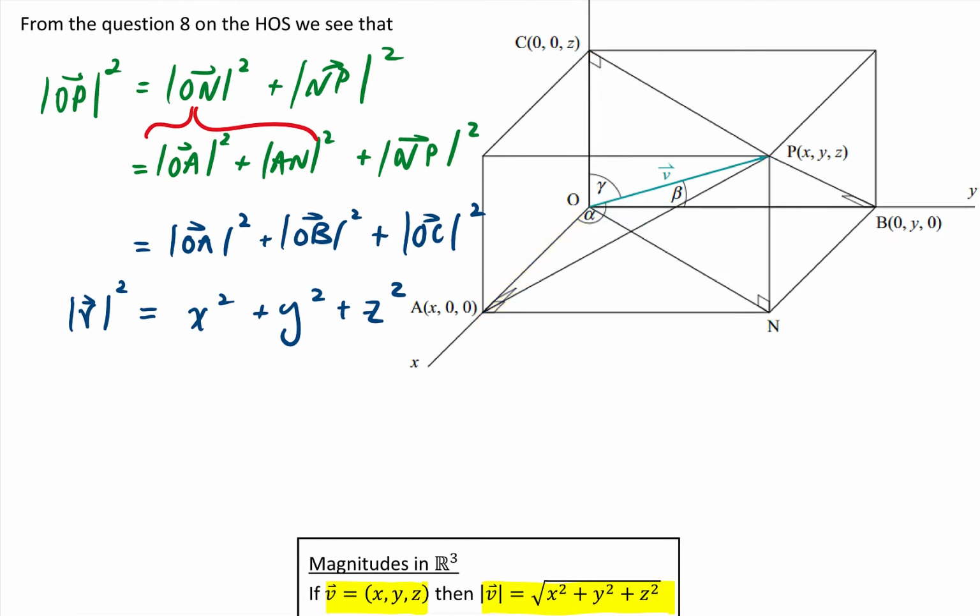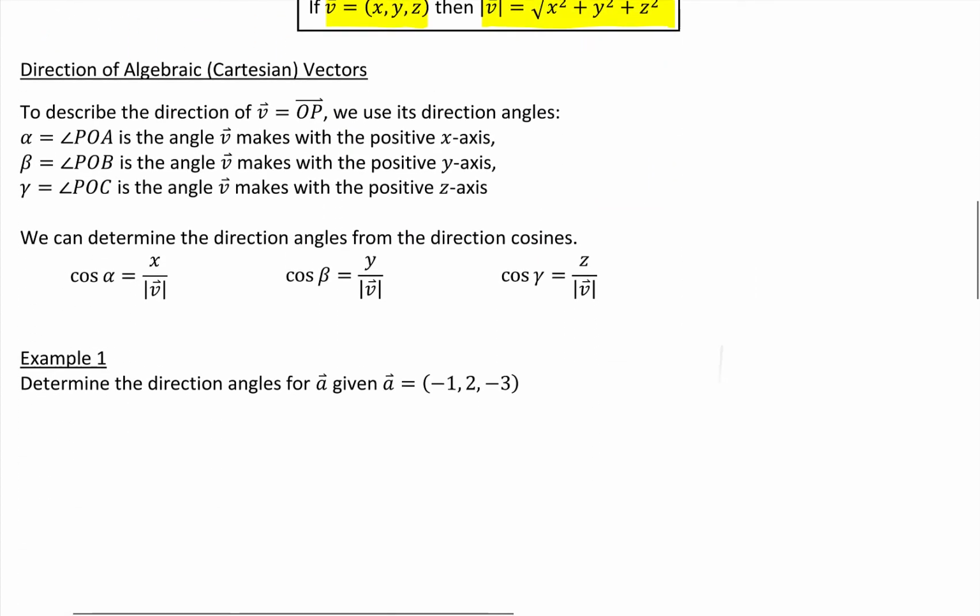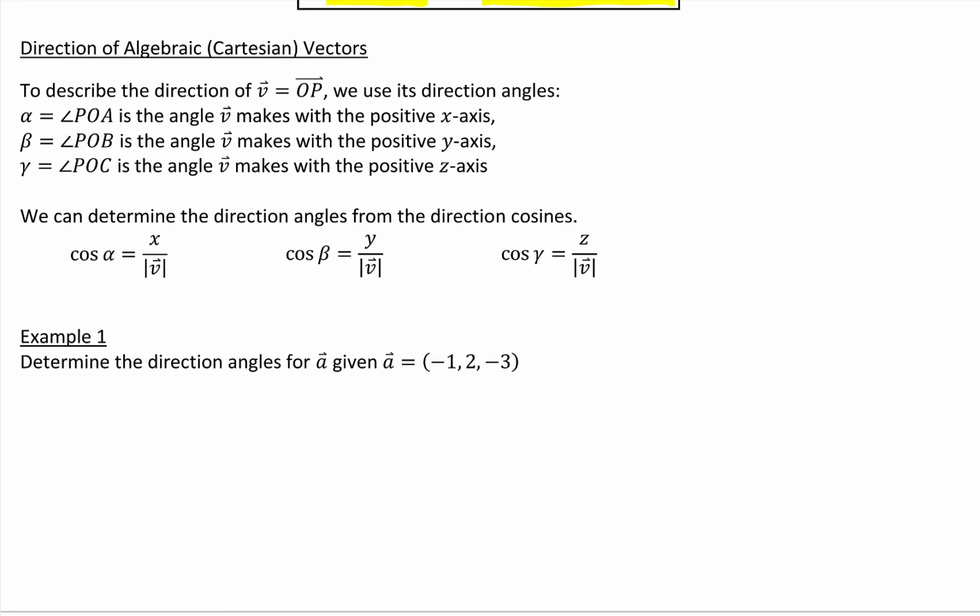We want the direction that vector v makes from the x-axis, so that's this angle from here to here, the direction from the y-axis, and the direction it makes from the z-axis. We call them alpha, beta, and gamma. Alpha is the direction it makes with the x-axis, beta with the y-axis, gamma with the z-axis.